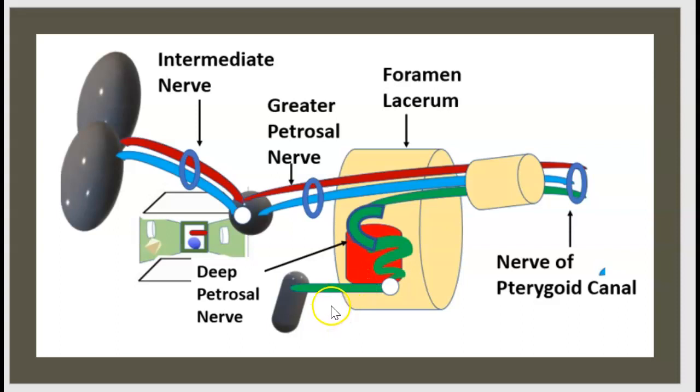From the sympathetic plexus coming from the carotid artery, the internal carotid artery, there is sympathetic fiber coming to connect as the deep petrosal nerve.